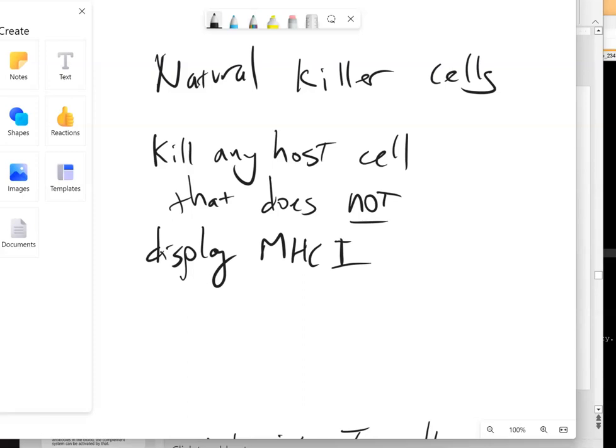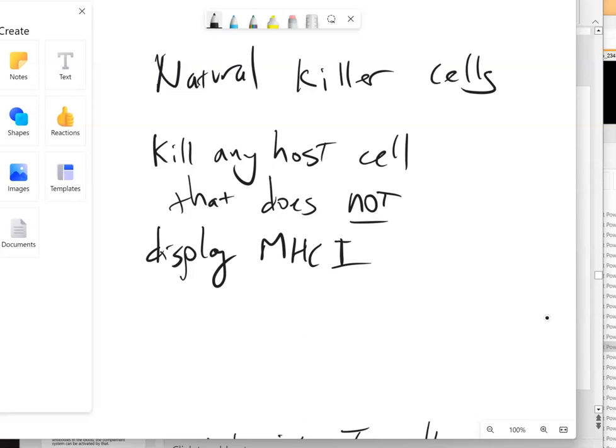Why would we want cells to do that? Some viruses will shut down the MHC1 system. They won't let cells load proteins onto MHC1 to display it. They won't let cells make MHC1. They'll interfere with it somehow. That's a typical, very common virus strategy.